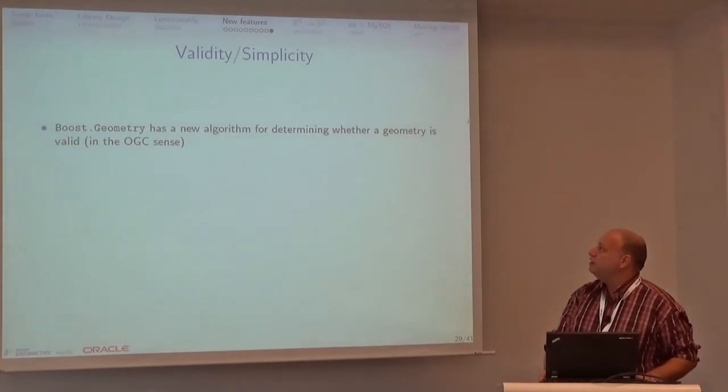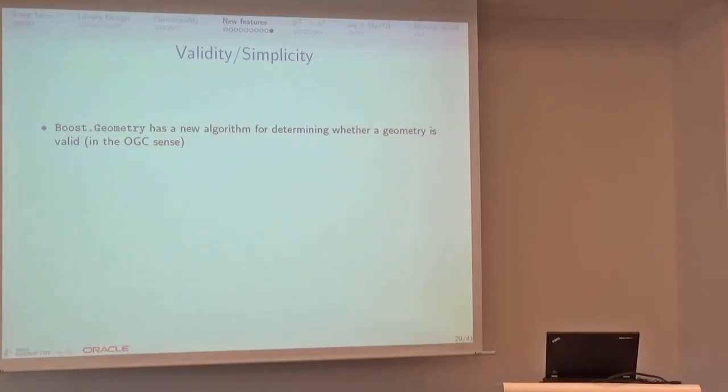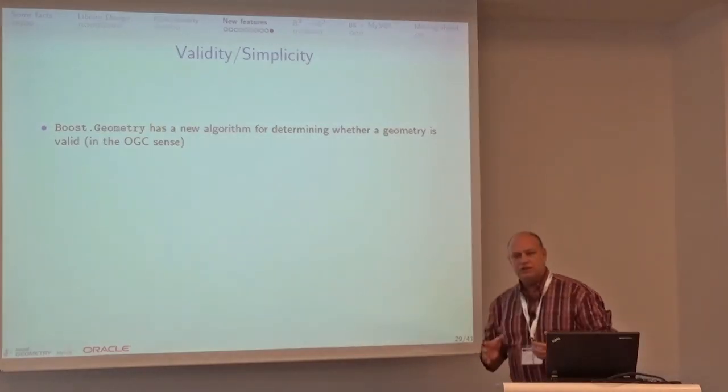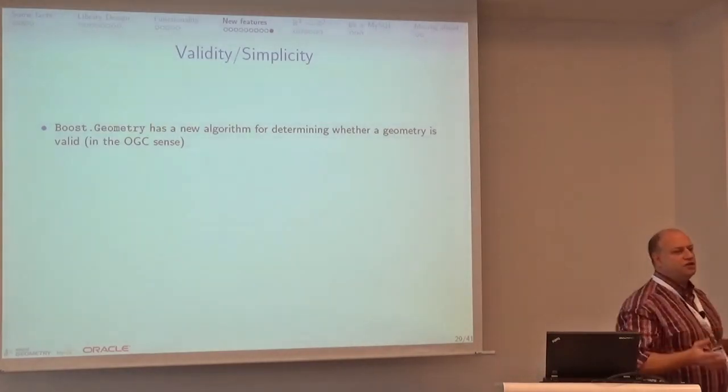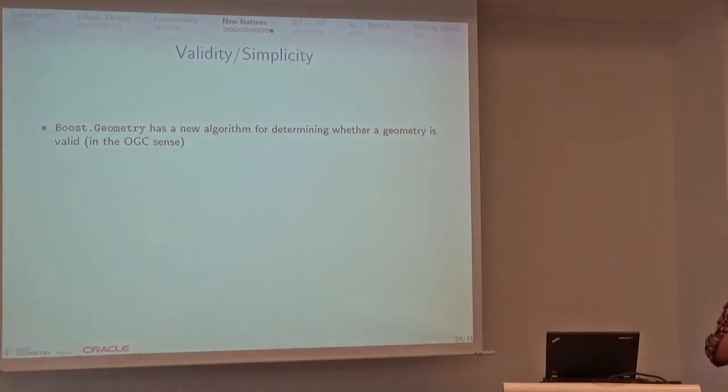But let me get to another new feature that we have, which is validity and simplicity. The OGC standard has a notion of what geometries are valid and what geometries are not valid. To give you a simple example, if you have a polygon and you have a hole in this polygon that has a common segment with the outer boundary of the polygon, then this is considered invalid.